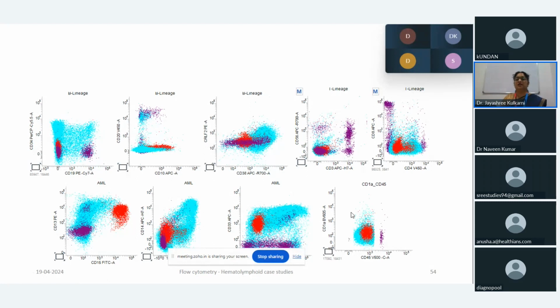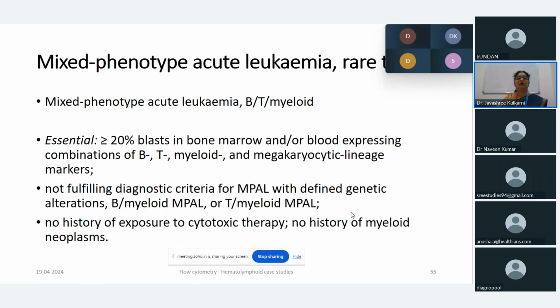And you would like to call it a mixed phenotype acute leukemia. Very often you see either a B-myeloid, which is the most common, or a T-myeloid, and very rarely B-T. Okay, mixed phenotype acute leukemia.